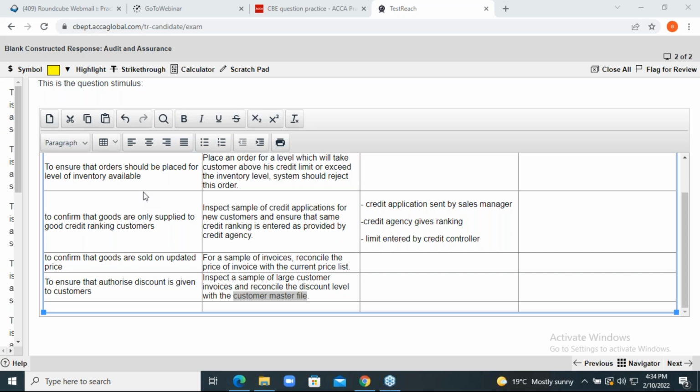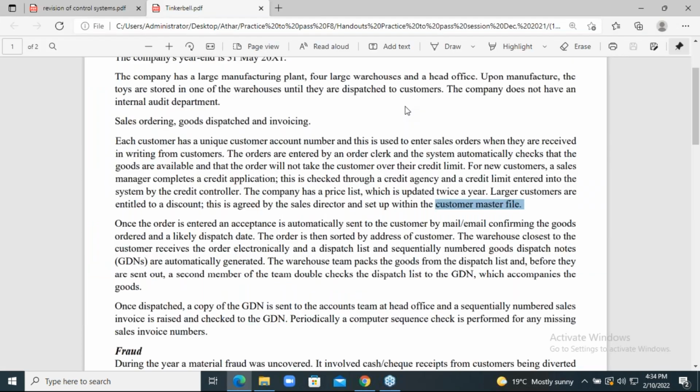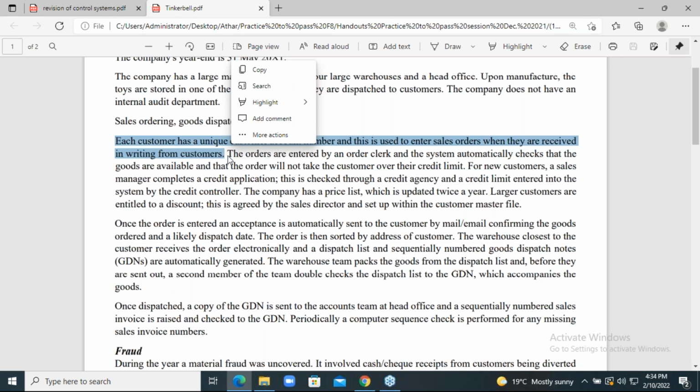Here in this paragraph, the first line was regarding the customer's account number. This was the old customer. For the new customer, this data was provided.